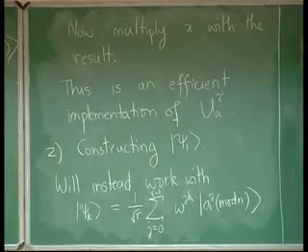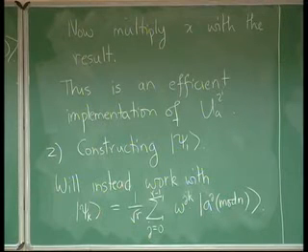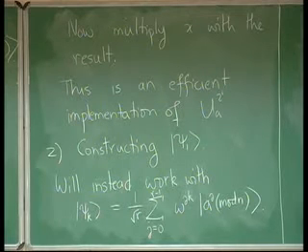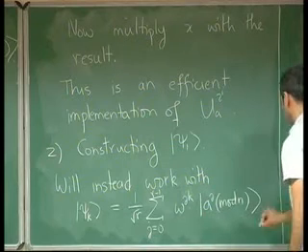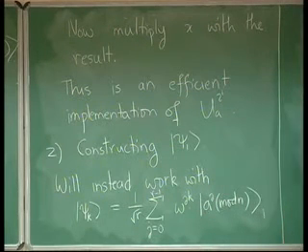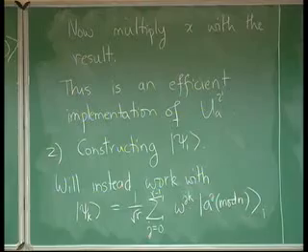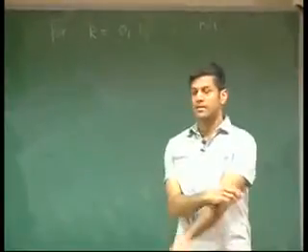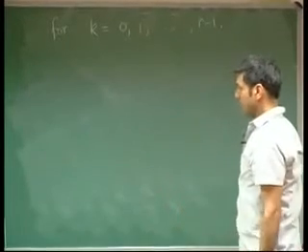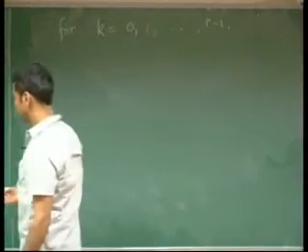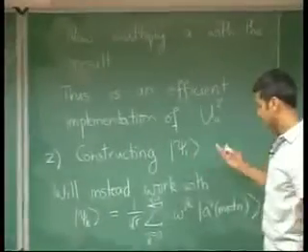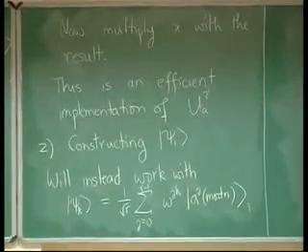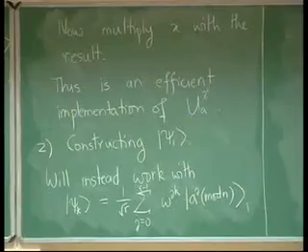And we'll work with these states for each k going from 0 up to r minus 1. Now, on the face of it, the situation looks worse than before. We didn't know how to construct C1, and these states are similar. So how are we going to work with these states?